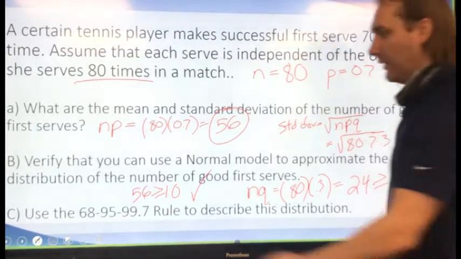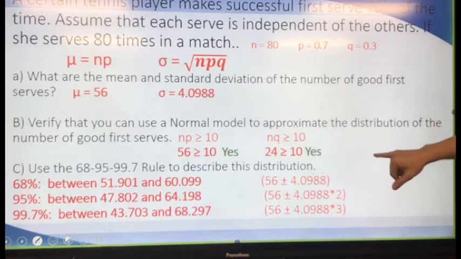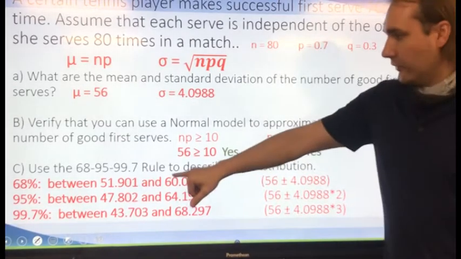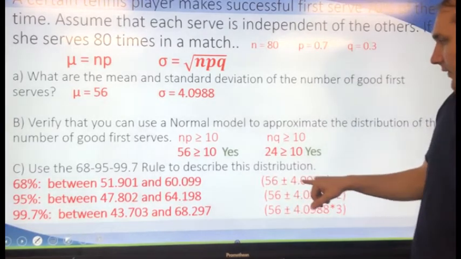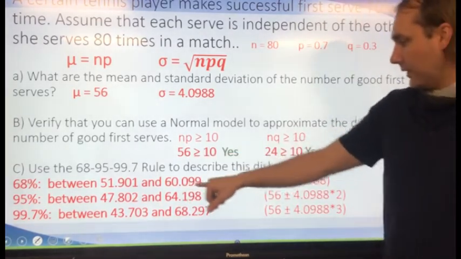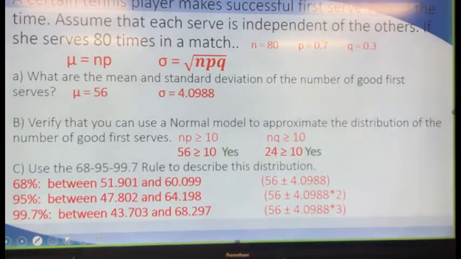So I'll switch to the answer page here. To find 68%, that is one standard deviation. So 56 plus 4 gives me 60, roughly, and 56 minus 4 gives me 51.9.